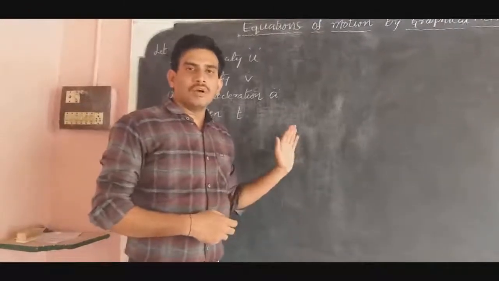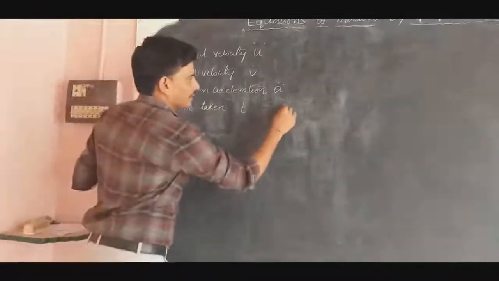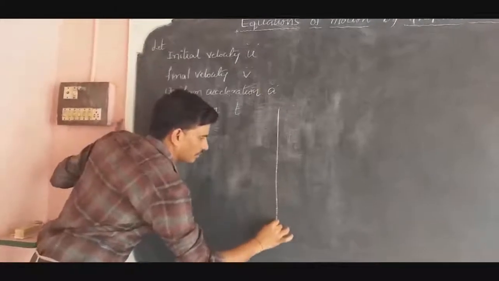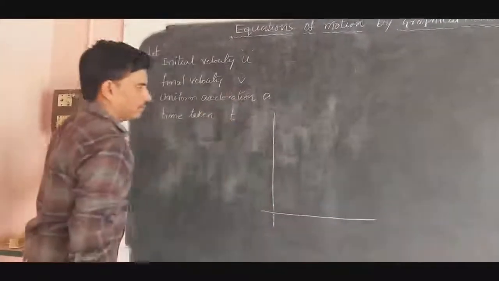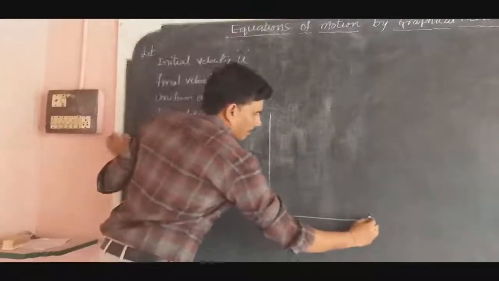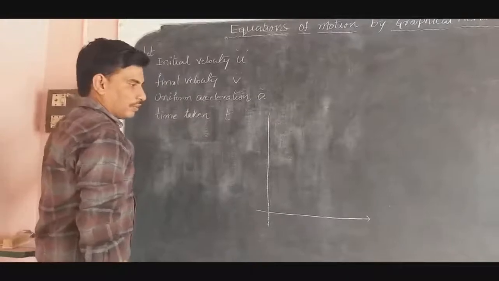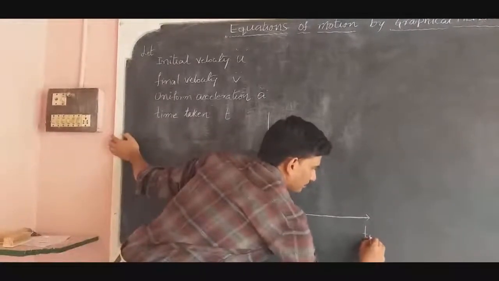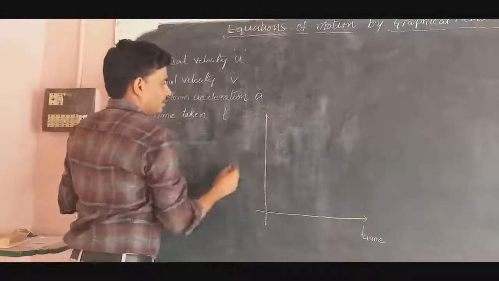So see how to represent this on a graph. I am taking the x-axis and y-axis. This is the y-axis and this is the x-axis. As we know, on the x-axis we need to take the independent quantity, that is time, and the y-axis is velocity.